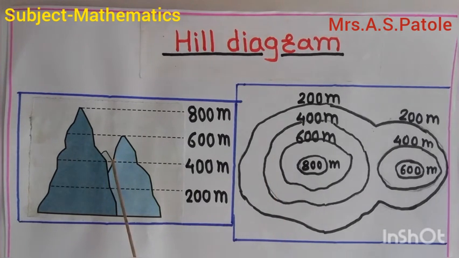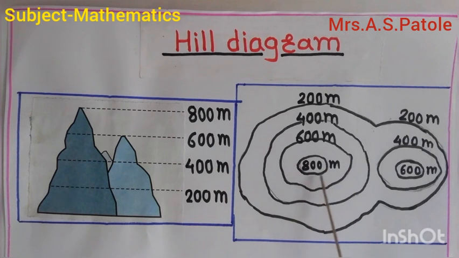In this first figure, we see hills as from a distance. The lines show their approximate heights as 200 meter, 400 meter, 600 meter and 800 meter. In this second diagram, we see the extent of land the hill occupies as seen from above.